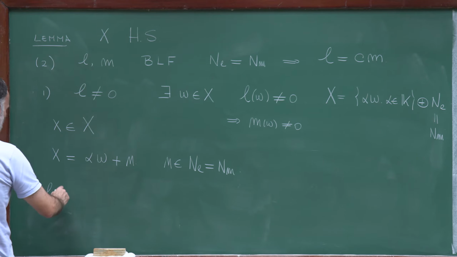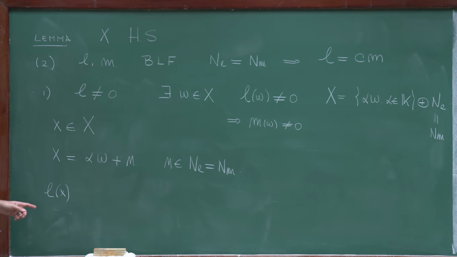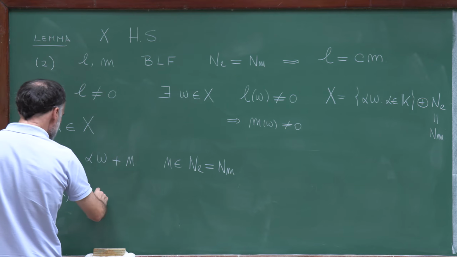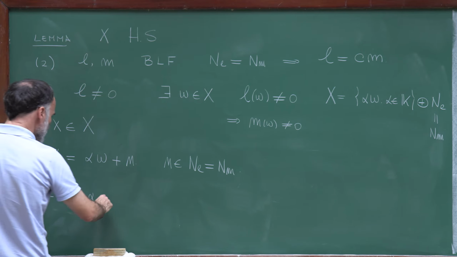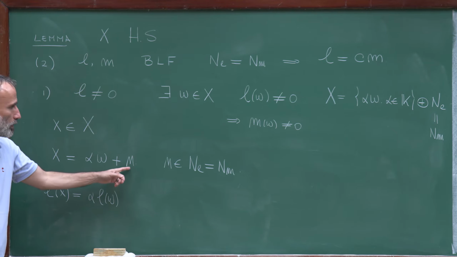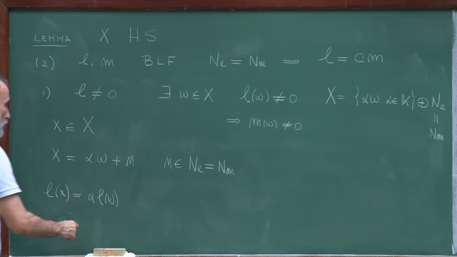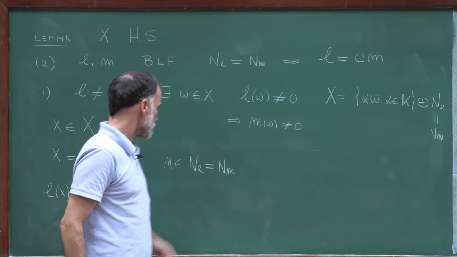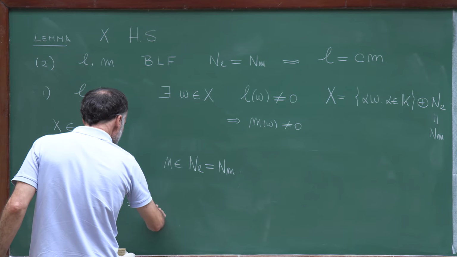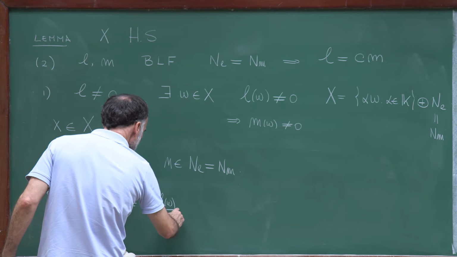So if I compute L of X, and I want to show that L of X is a multiple of M of X, by this expression, I get by linearity alpha times L of W, and L of n is 0 because n is an element of the null space. Since M of W is different from 0, I can multiply and divide by M of W.